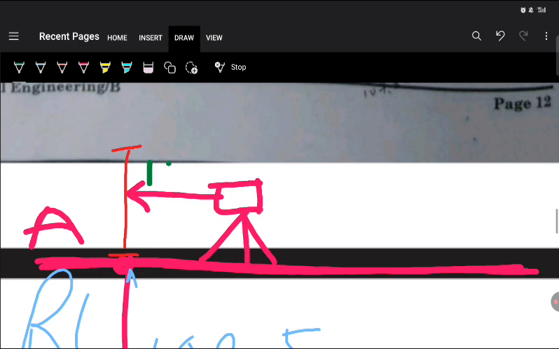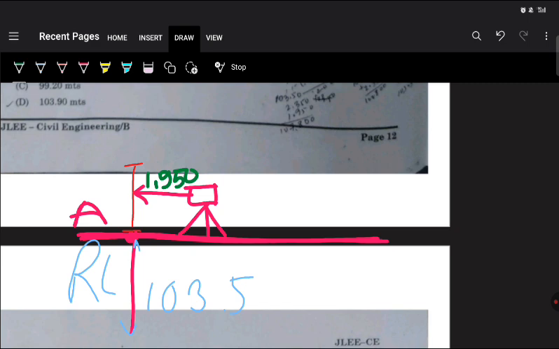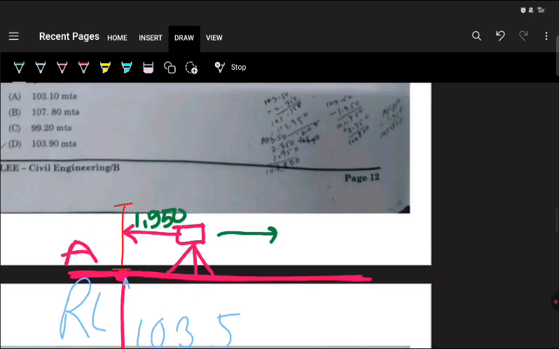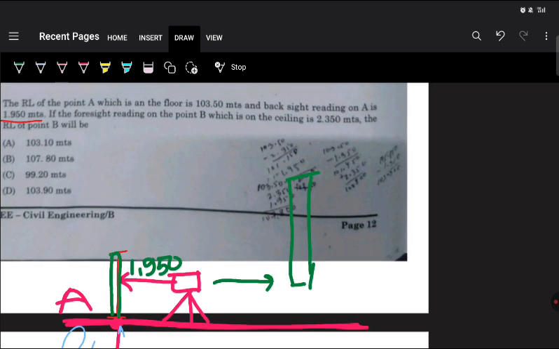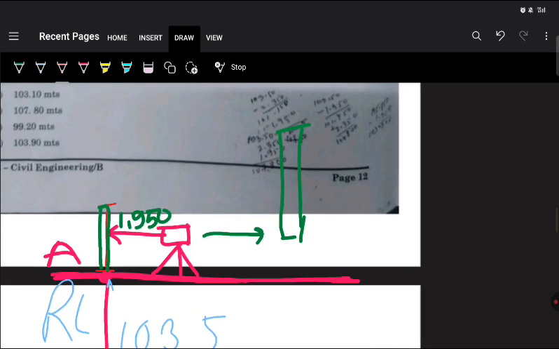This reading is 1.950, right? Now here the reading that was taken on the ceiling, this is our staff, was found to be 2.350.